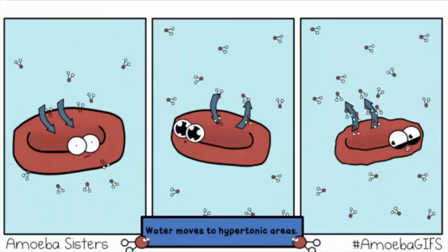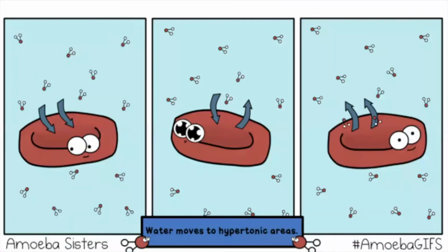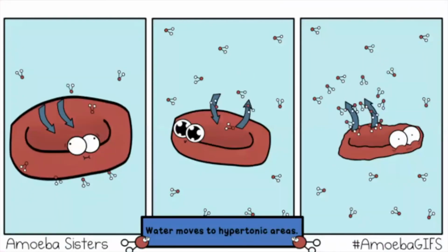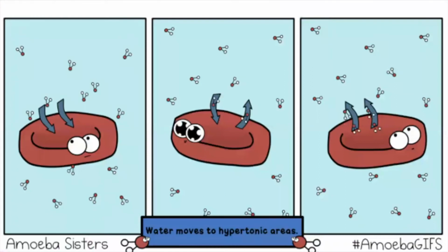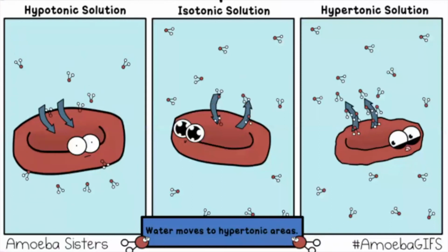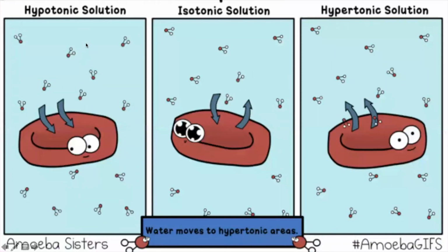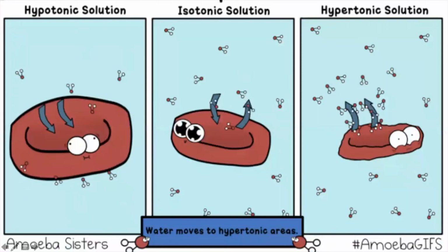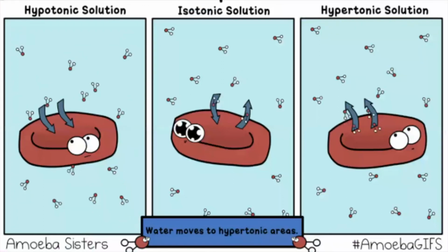So, this would be the summary of the movement of water in isotonic, hypotonic, and hypertonic. So, first picture is hypotonic. Tingnan nyo, the water molecules goes into the cell.